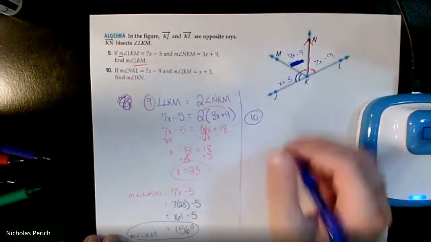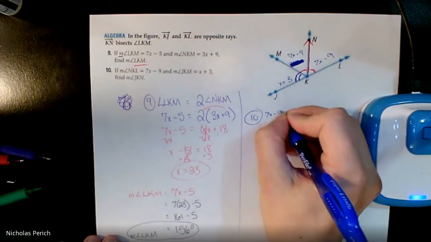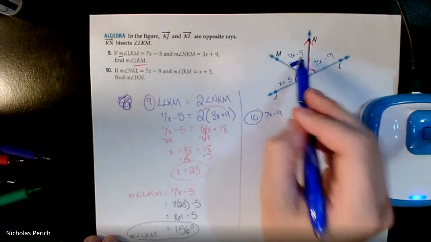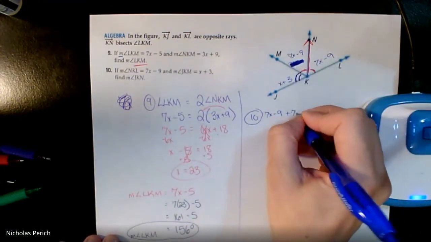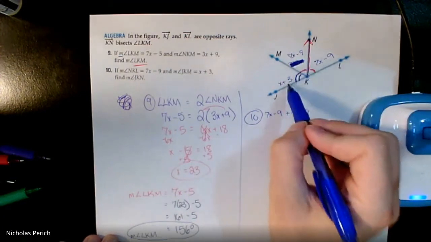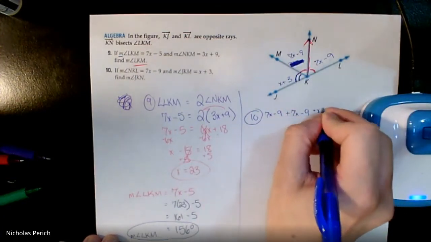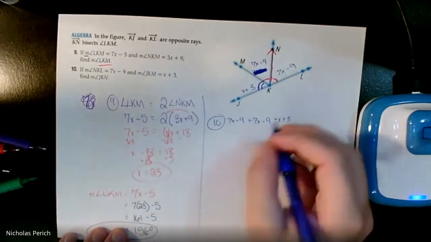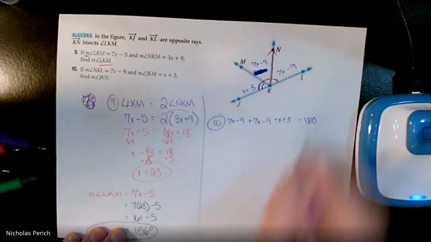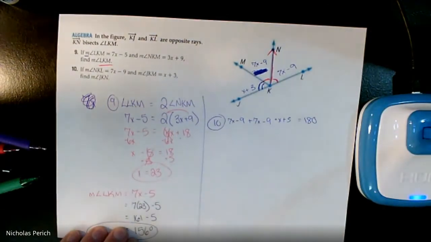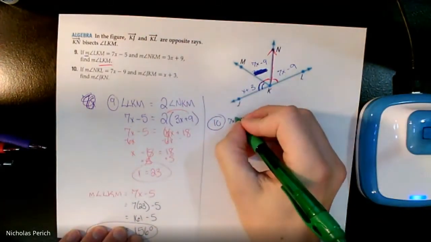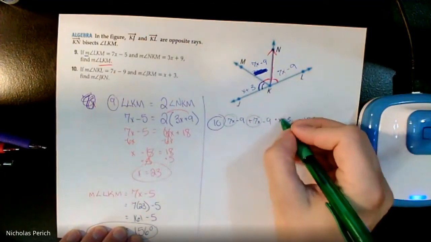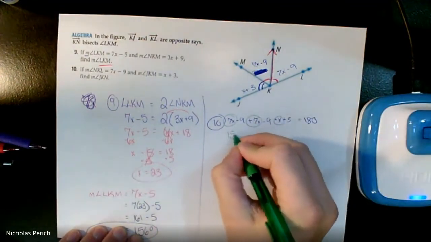So I can say 7x minus 9, which is that angle, plus 7x minus 9, which is that angle, plus x plus 3 equals 180. 7x plus 7x plus regular x is 15x.